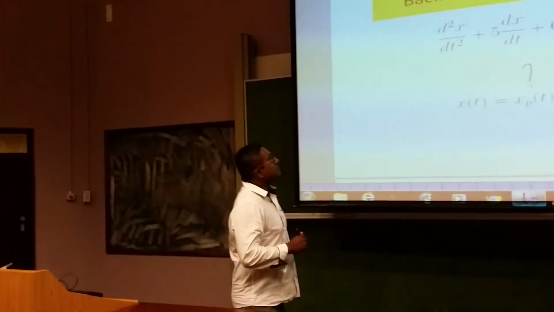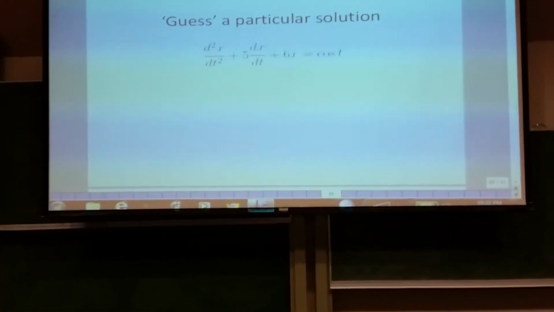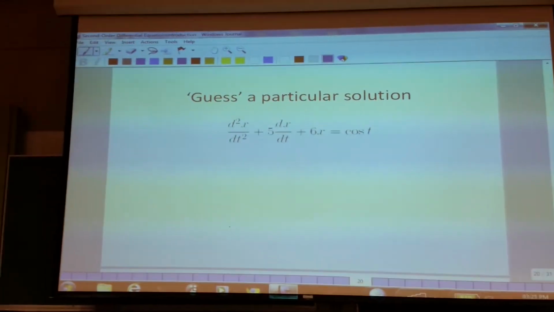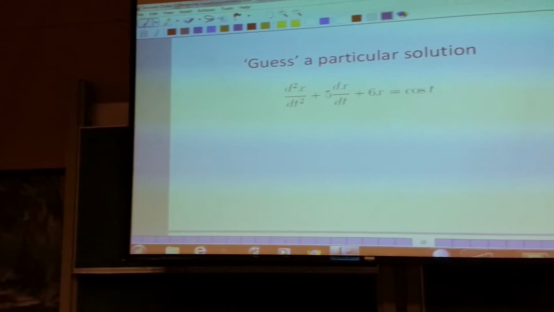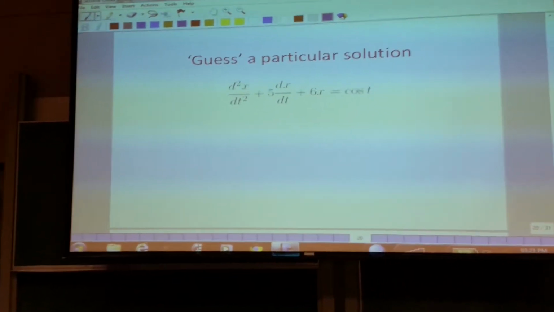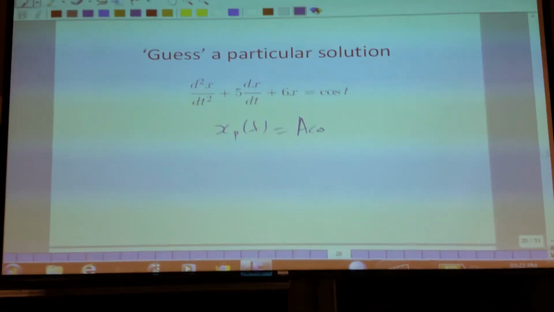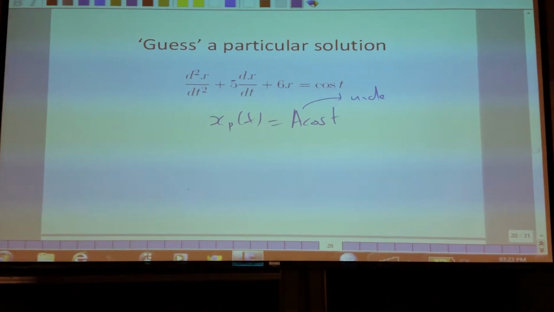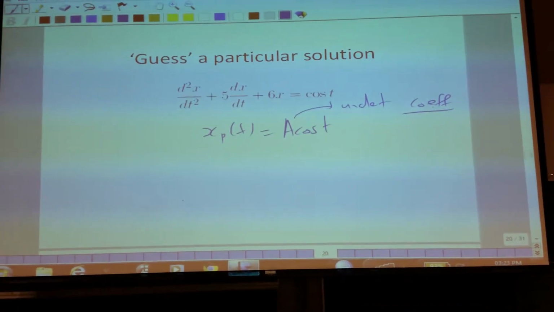So the method of undetermined coefficients basically tells us to choose or guess a particular solution of the non-homogeneous equation. Now if you look at the forcing function cos t, or f of t, it tells us, let's try something like xp of t equals a cos t, where a is an undetermined coefficient.